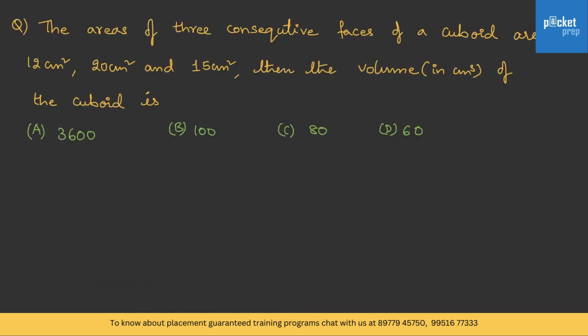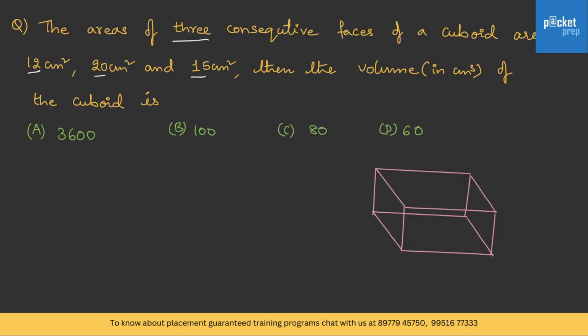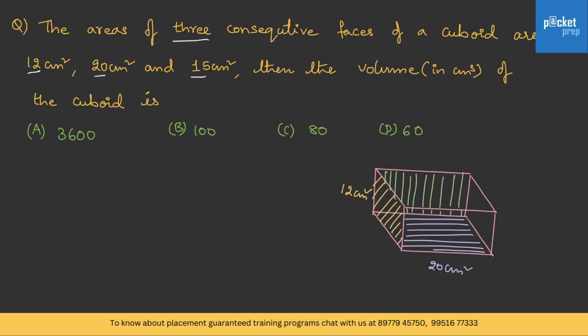The areas of 3 consecutive faces of a cuboid are 12 centimeter square, 20 centimeter square and 15 centimeter square. Then the volume in centimeter cube of the cuboid is. To understand this, let's draw the diagram. Let's assume this is the cuboid. One of the side areas is 12 centimeter square, the other one is 20 centimeter square, and the last one 15 centimeter square.